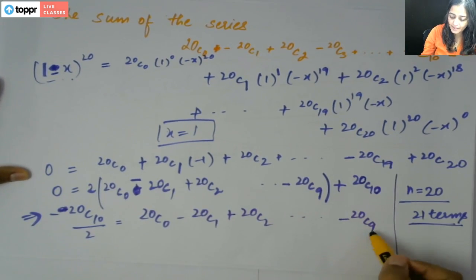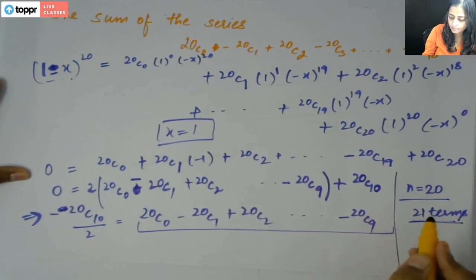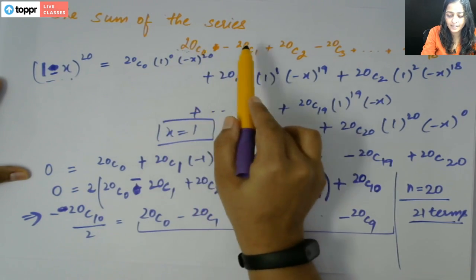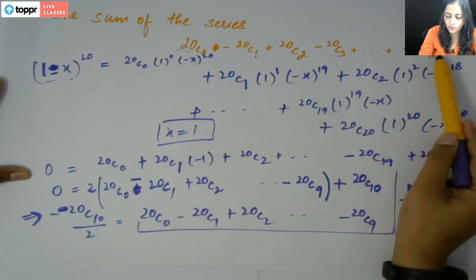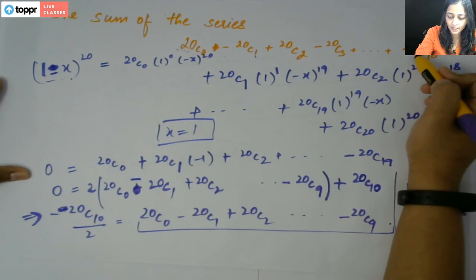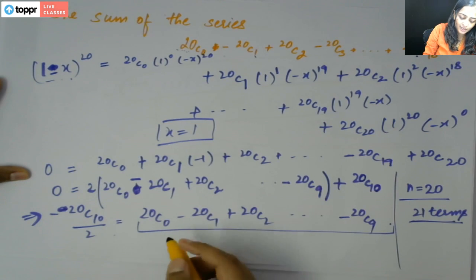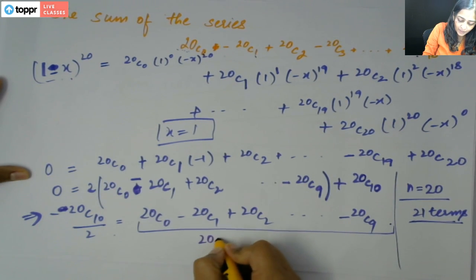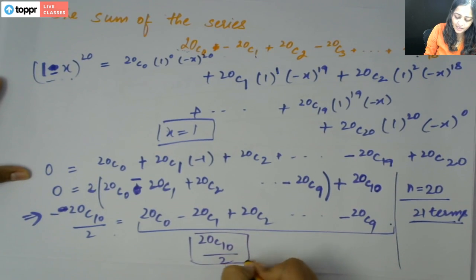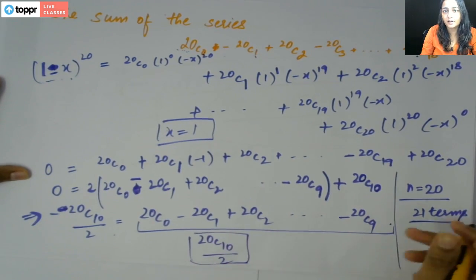If I add 20C10 on both sides, the right hand side becomes the expression I wanted to find, the sum of 20C0 minus 20C1 till plus 20C10. So if I add 20C10 on this side, I'll get the exact same expression, and on the left hand side I'll get 20C10 by 2. So the sum of the given series is 20C10 by 2.